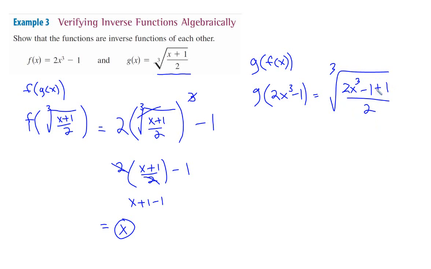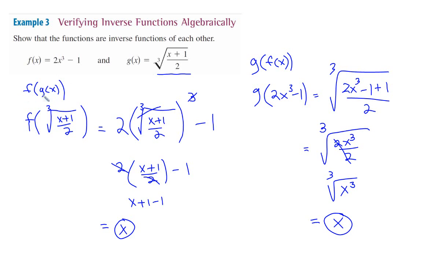Okay? Well, if I work all this out right here, I'm going to get the cube root of 2x to the third over 2, because the 1's cancel. The 2's are going to cancel now, so we end up with the cube root of x to the third, which we know is x.